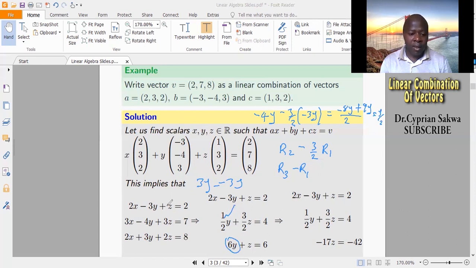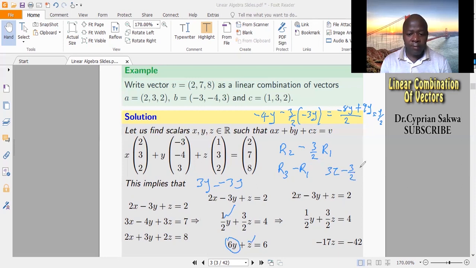Now let's come to this other element. In fact, the third row is very easy. I'll just take 2z minus z to get a z. But what about here? Here we would have row 2 minus 3 over 2 row 1. Row 2, I have 3z minus 3 over 2 row 1.